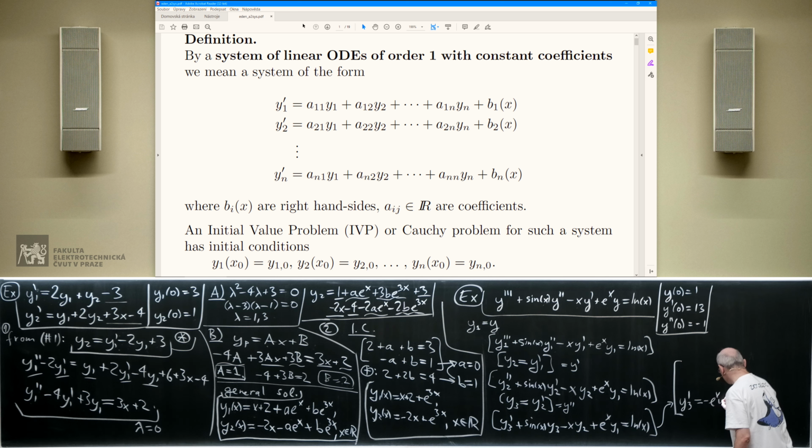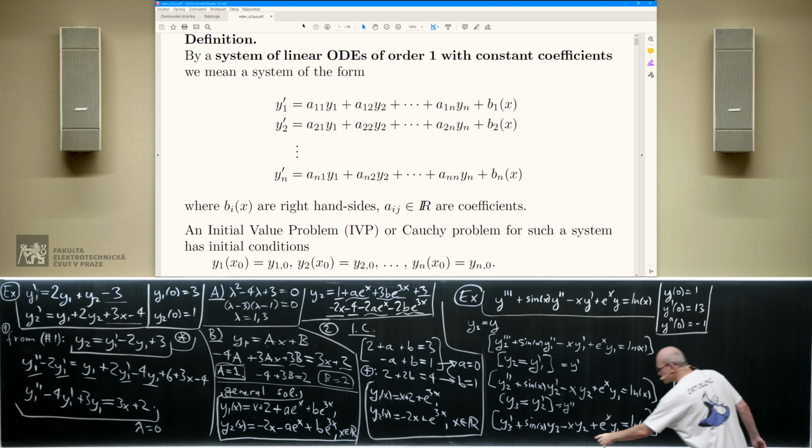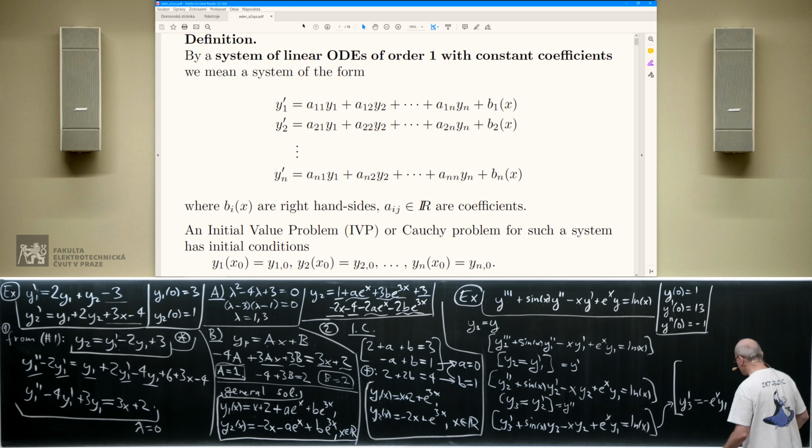Minus e to x y1. The next guy is y2. I move it to the right-hand side, plus x y2. The next guy is y3. I move it here, minus sine of x y3 plus logarithm x. That's the third equation in my system.